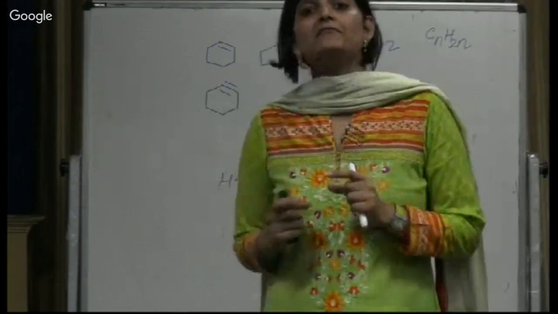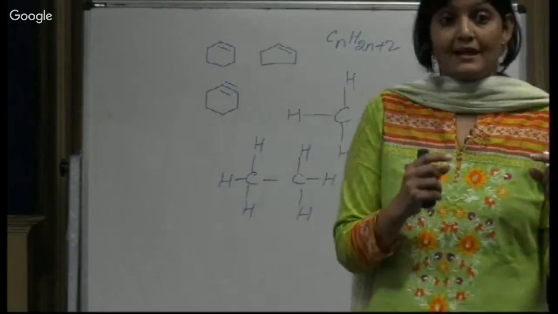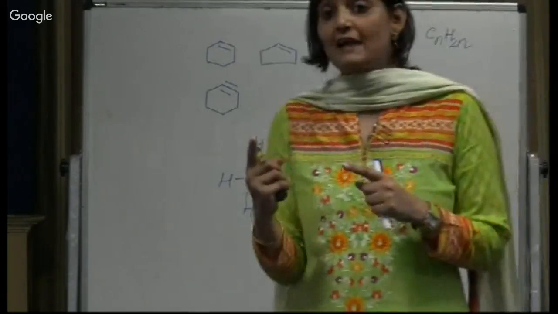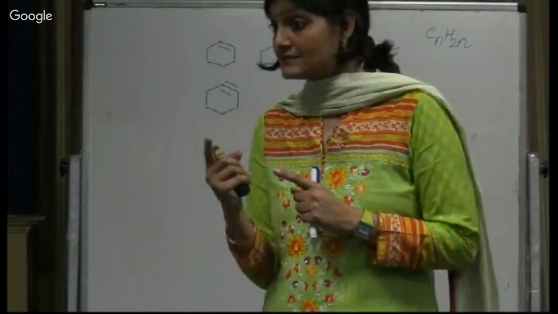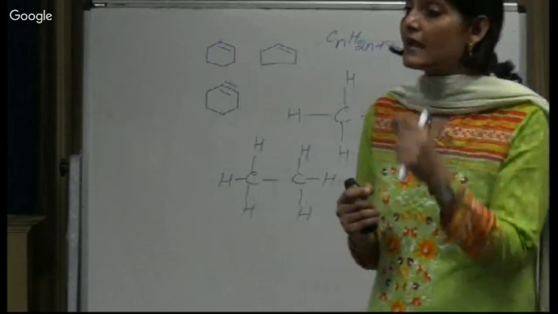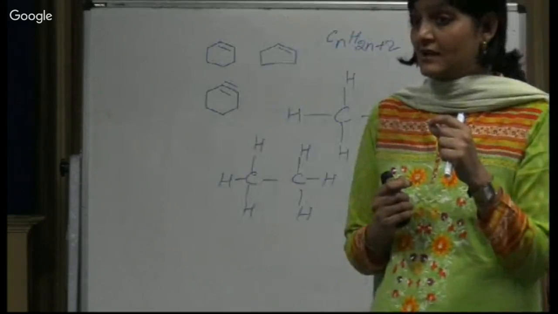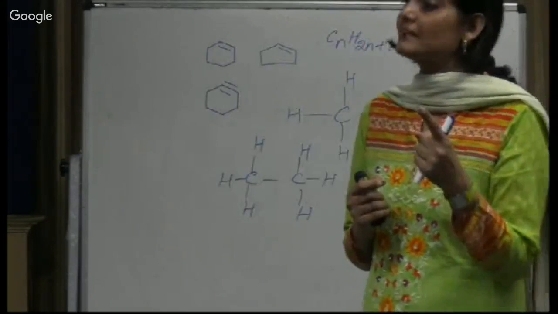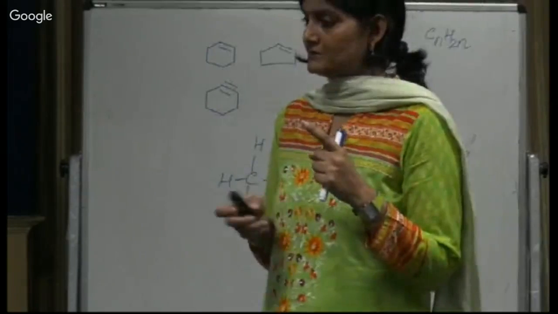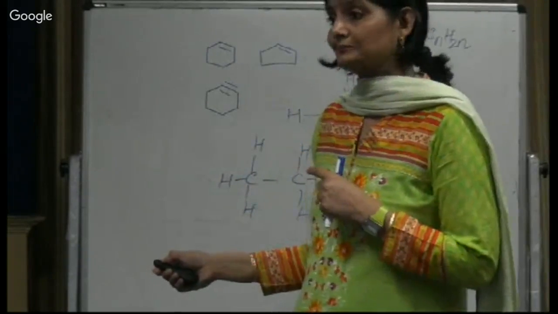But what one finds is that the variation in melting point is not as regular as the variation in boiling point that you observe for alkanes. The reason being, you find that the alkanes having an even number of carbons have a higher melting point than those having an odd number of carbons. And that is what you call the alternation effect.